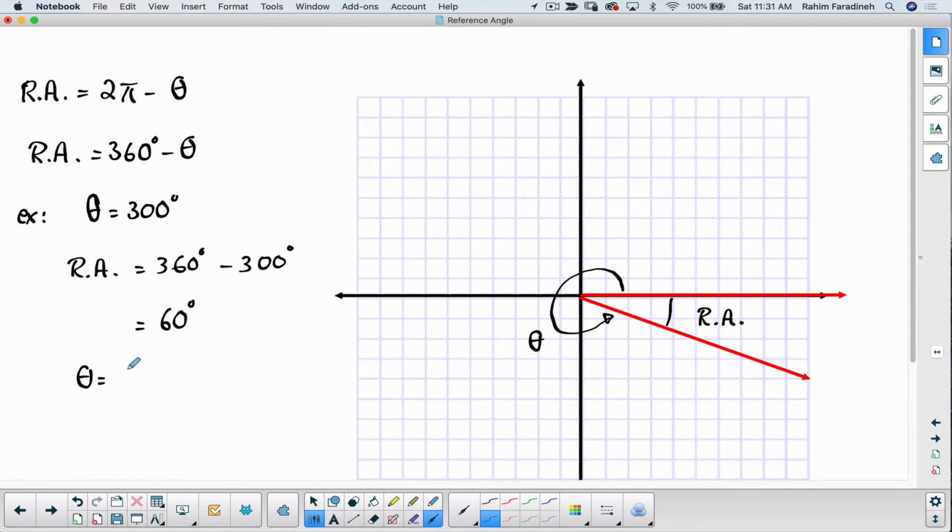Let's say theta is 7 pi over 4. So now it's in terms of radians, and the reference angle will be 2 pi minus 7 pi over 4. Now 2 pi is the same as 8 pi over 4 minus 7 pi over 4. So we can reduce this, and the reference angle for that would be pi over 4.